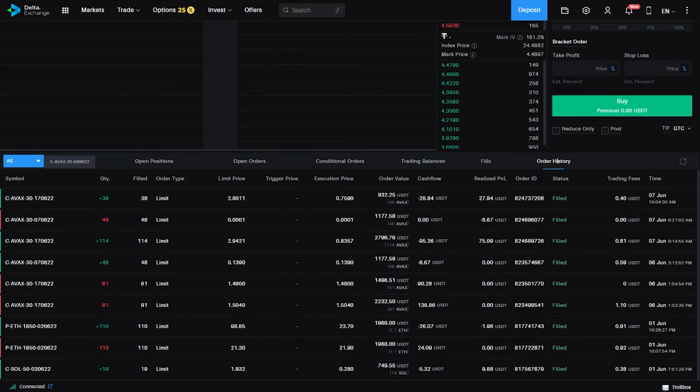I took the 6 June 30 AVAX call. I bought it for a premium of around 0.1390, obviously a very low premium, but I used higher leverage on this. But my net PNL, even if it went down, would only be 6.67 USDT.